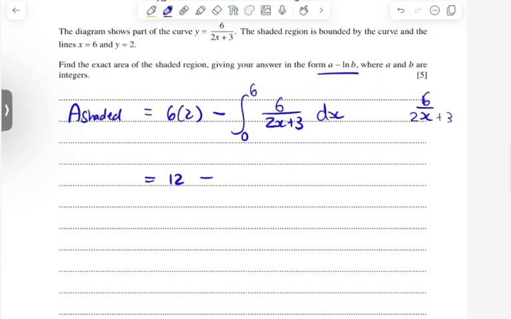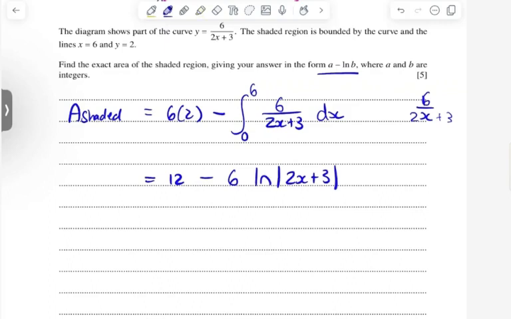In this case, my 6 is just my coefficient. I'm going to keep my 6, and then integrate the entire fraction at the bottom. We can do this because the denominator is linear, so you are allowed to.